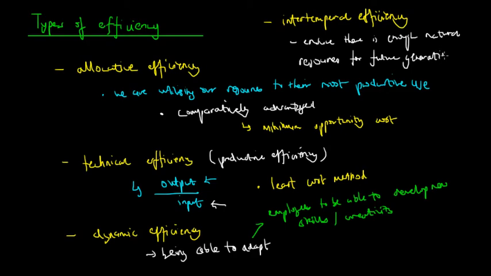So we talked about the government goal of strong and sustainable growth, and we talked about how having strong growth may compromise the sustainability of that growth, and that's where intertemporal efficiency comes in.